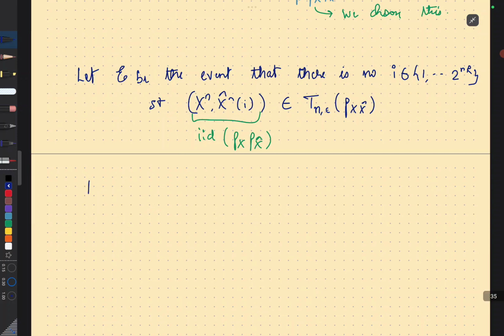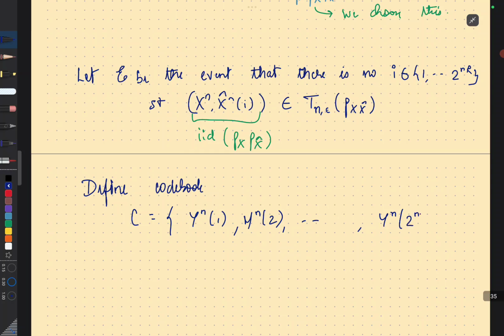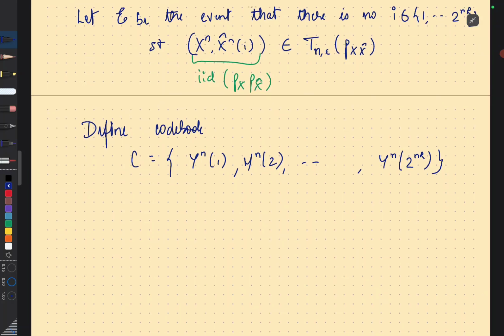So let us define the code book, which consists of code words, let's say Yn of 1, Yn of 2, and so on, Yn of 2 to the nR.